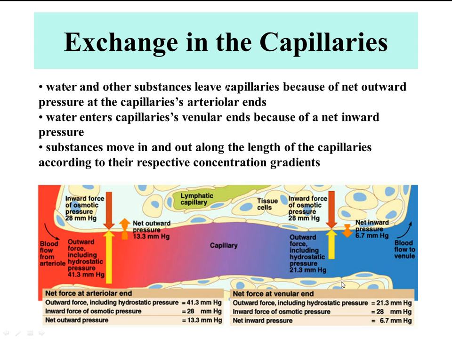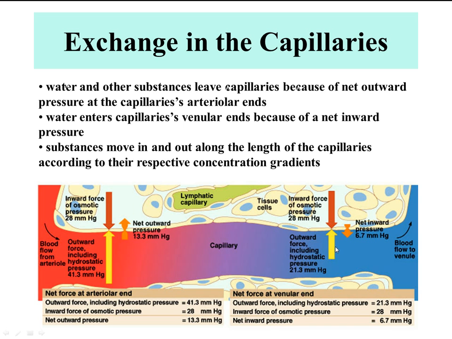So you're not having as much water pushed out from the hydrostatic pressure, but you're having water replaced in this vessel by osmosis, because its inward force of osmotic pressure is greater. So on the arterial end, you're going to be pushing out water. On the venule end, you're going to bring it back in.